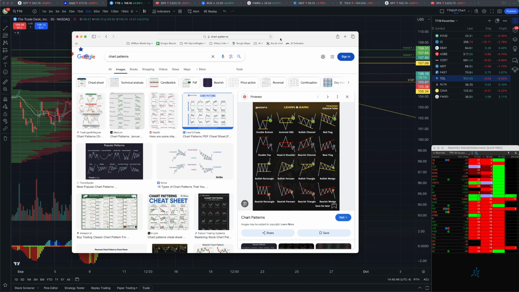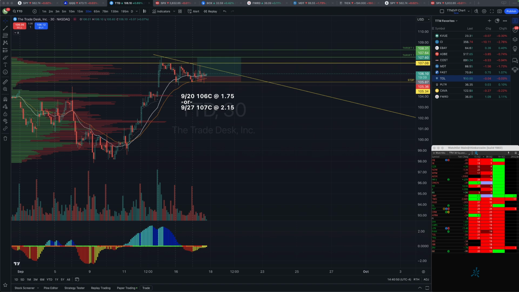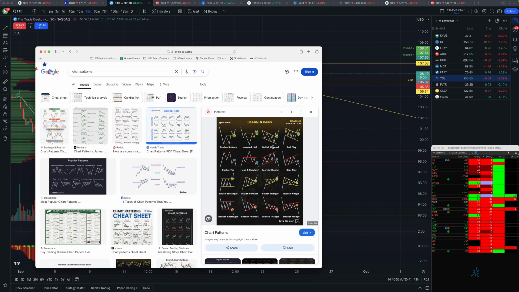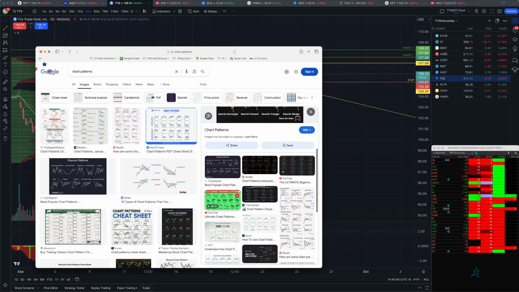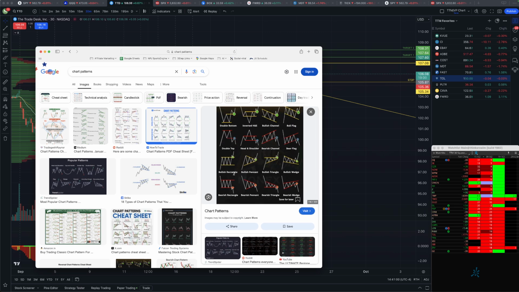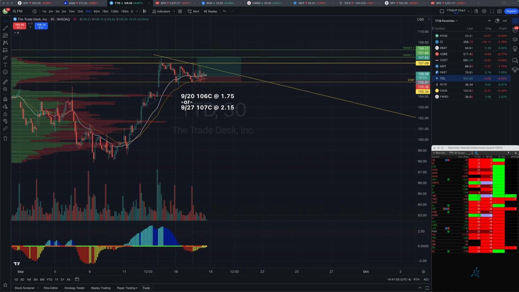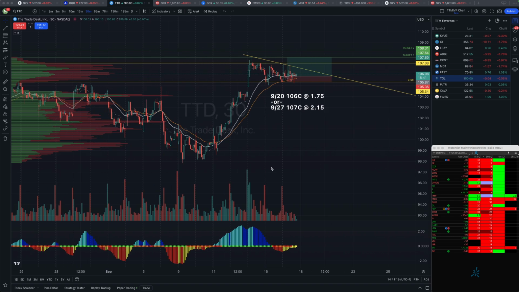But there are books and sheets you can buy that are like posters, right? You can get this as a poster and put it up on your wall. Or I know there's booklets that you can start to look at and start to really learn what that pattern looks like.